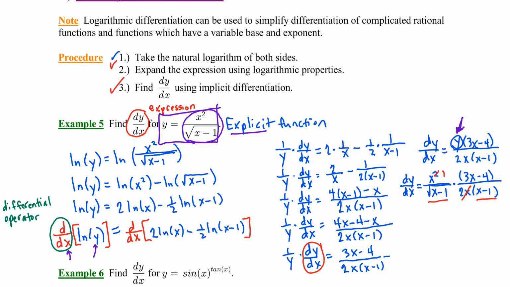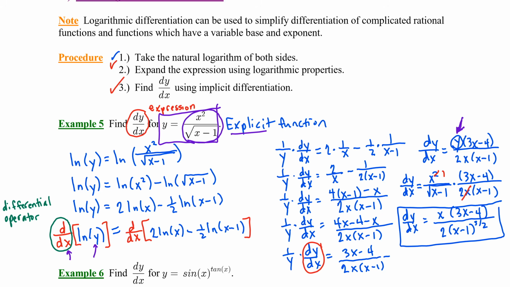When multiplying like bases, we can add those exponents. So this is going to give us dy over dx equals x times 3x minus 4 divided by 2 times x minus 1. 1 plus 1/2 gives me 3/2 power.